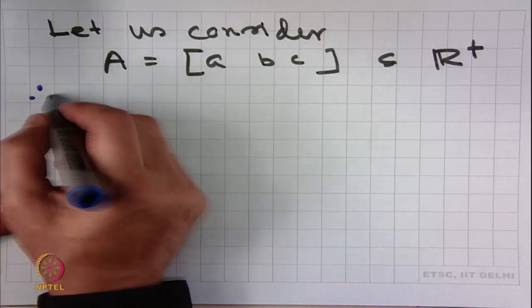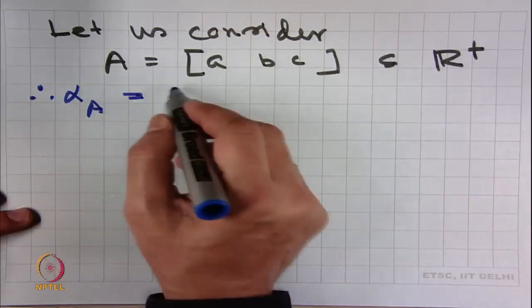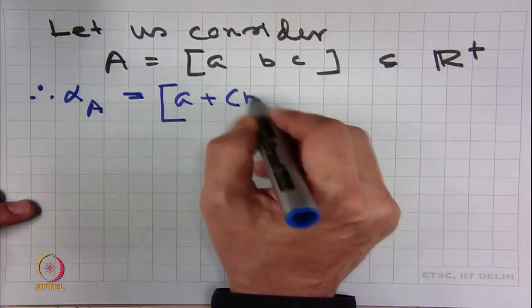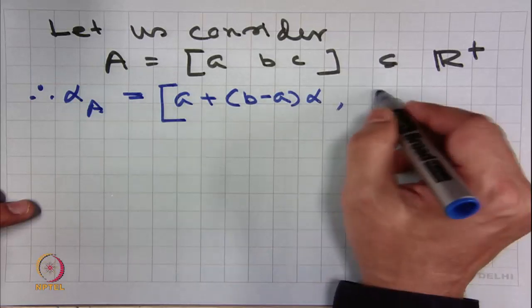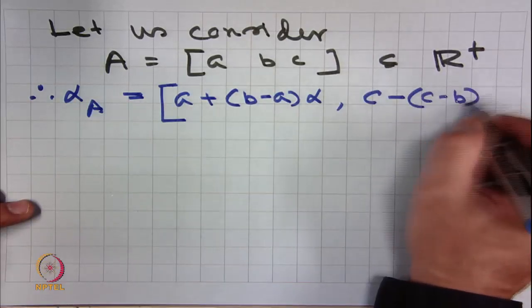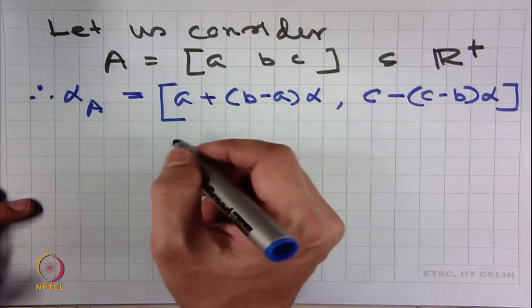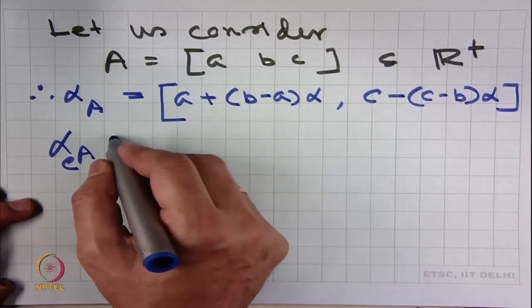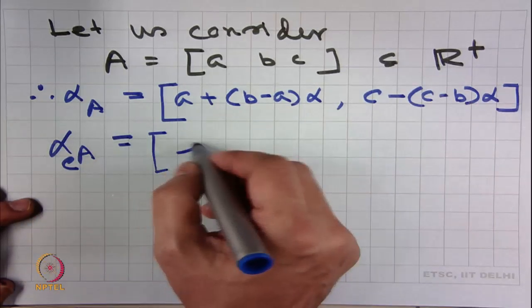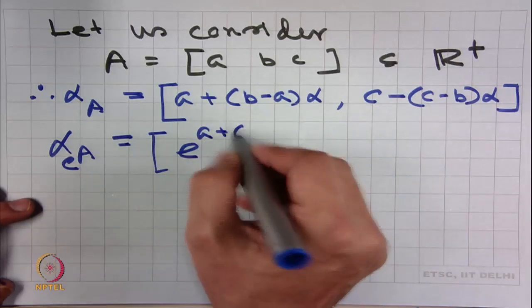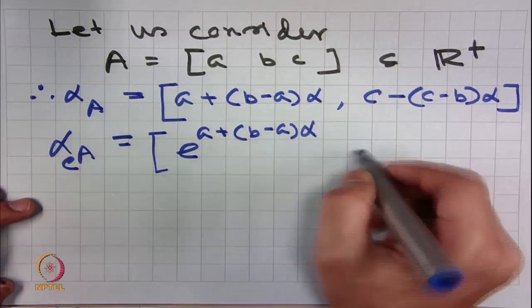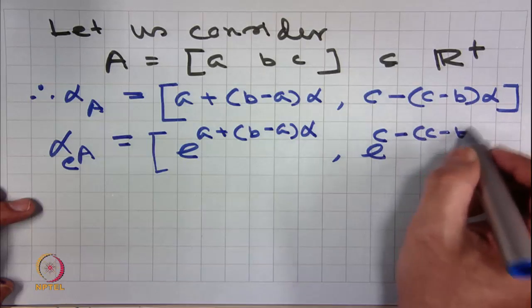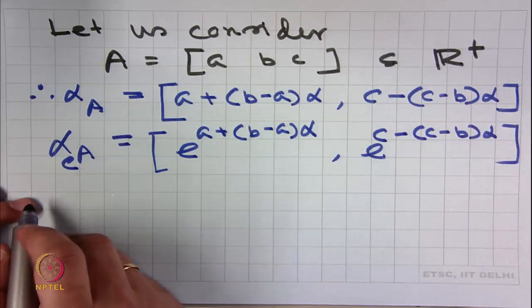Therefore, alpha cut of A is equal to, as we all know, [a + (b − a)α, c − (c − b)α]. Therefore, alpha cut of e to the power A may be considered as [e^(a + (b − a)α), e^(c − (c − b)α)].